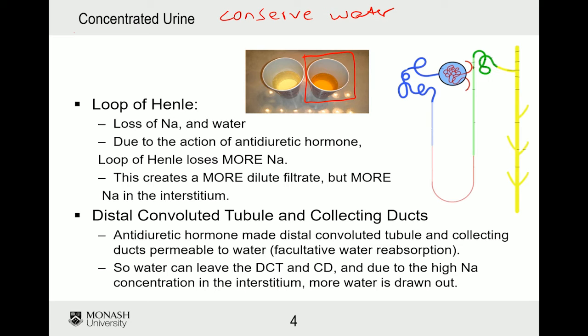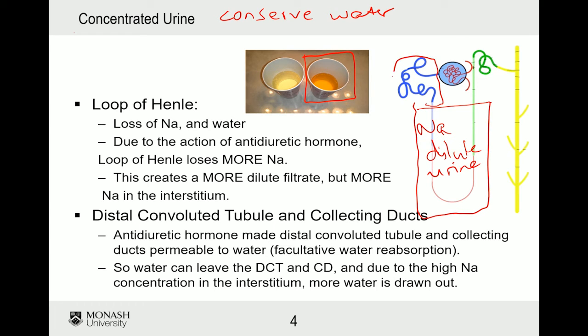Now, the loop of Henle. Loss of sodium and water. Sodium in particular is lost from this part of the nephron, and so we produce a dilute urine. Just to backtrack, the proximal convoluted tubule is still making an isotonic filtrate. It doesn't change.